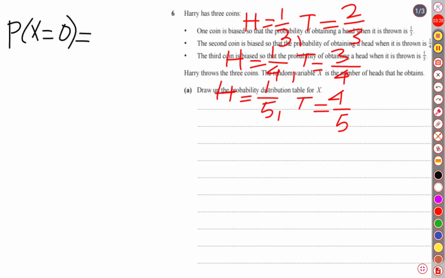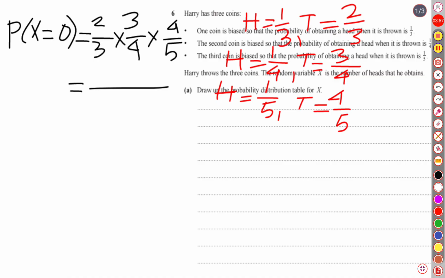So the probability of the first tail is 2 over 3, and as all three coins have been thrown together, it must be multiplied. Then the probability of tail from the second coin is 3 over 4, and so for the third coin, the probability of tail is 4 over 5. So ultimately our probability of obtaining no head, meaning all three tails, is 2 times 3 times 4, which is 24, over 60. This is one of the possible cases.